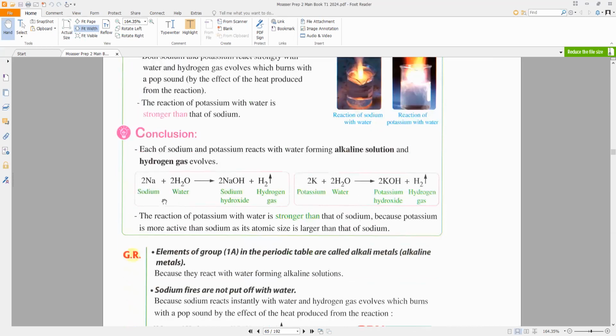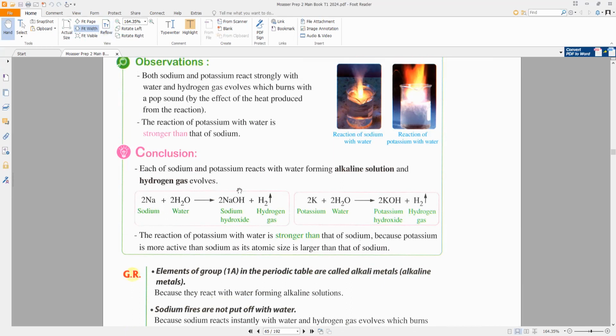When we compare the reaction of sodium and potassium with water, we found that all the alkali metals, when they react with water, form a base, an alkaline solution, and hydrogen gas evolves with a pop sound and makes a fire, because they react as soon as they are exposed to water and the reaction produces heat. Sodium reacts with water forming sodium hydroxide, an alkaline solution because it has the hydroxide group, and hydrogen gas evolves. Potassium also reacts with water forming potassium hydroxide, and hydrogen gas evolves.